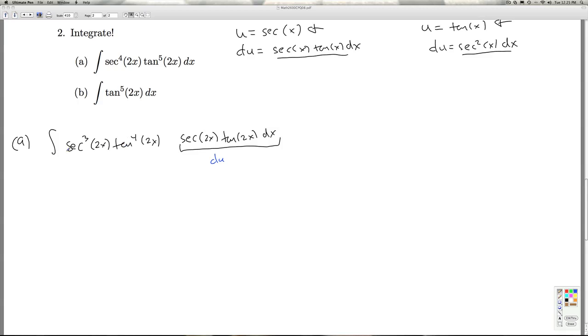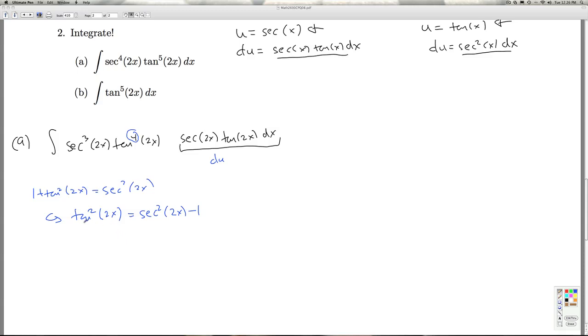And so can I convert everything that's left over into secants? And the answer is yes, because what I have left over that's not secants is an even power of tangent. I know from the Pythagorean identity, 1 plus tangent squared 2x is secant squared 2x, which means that tangent squared 2x is secant squared 2x minus 1.